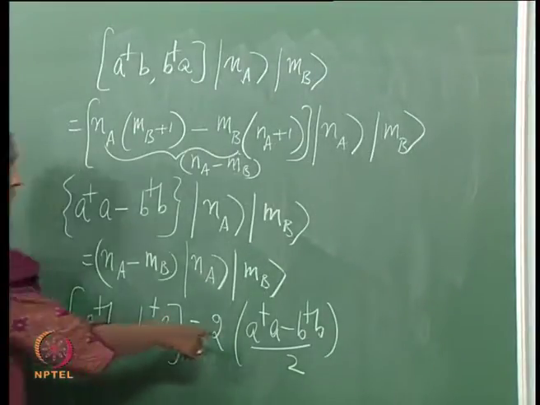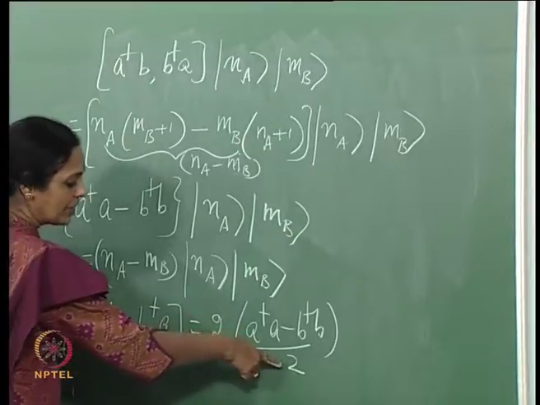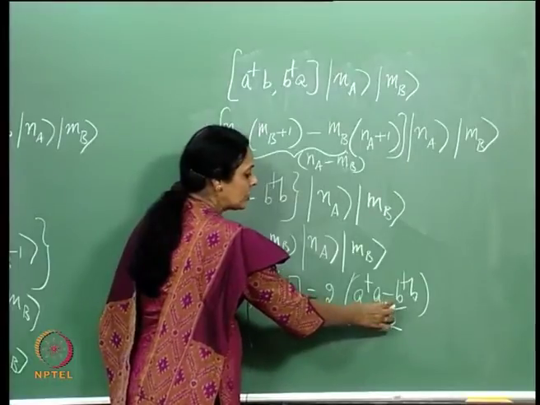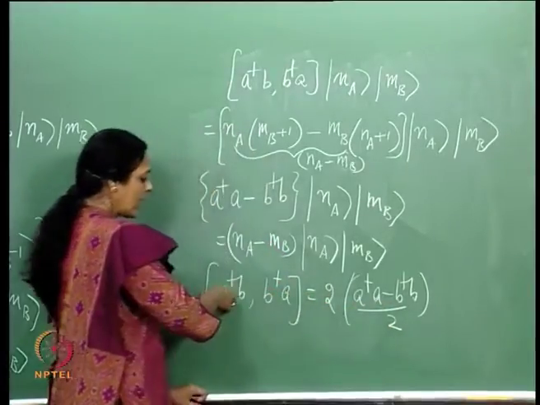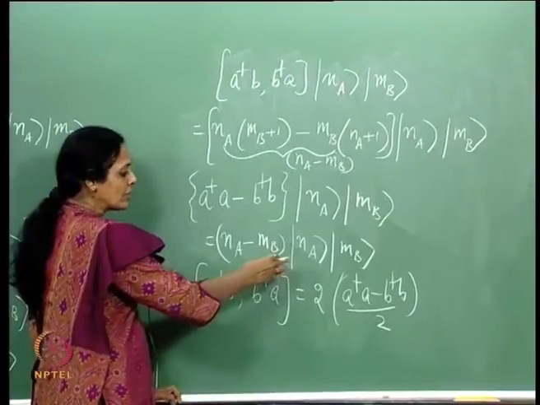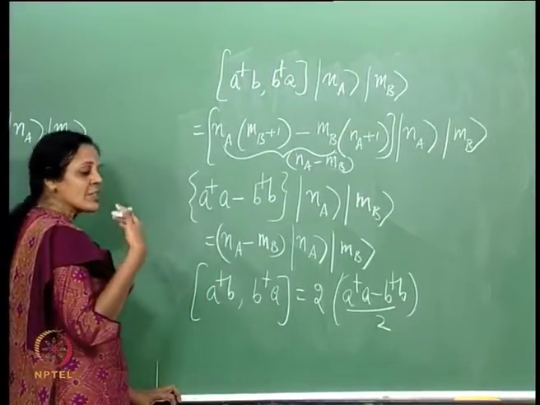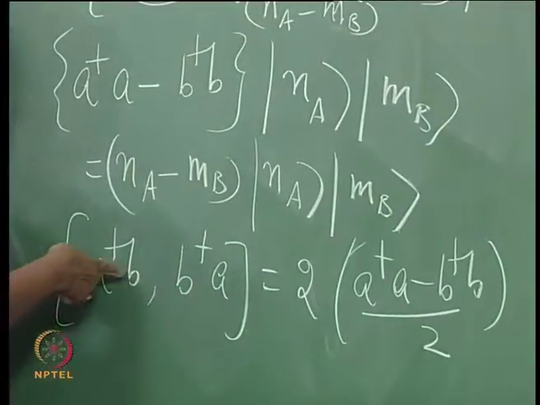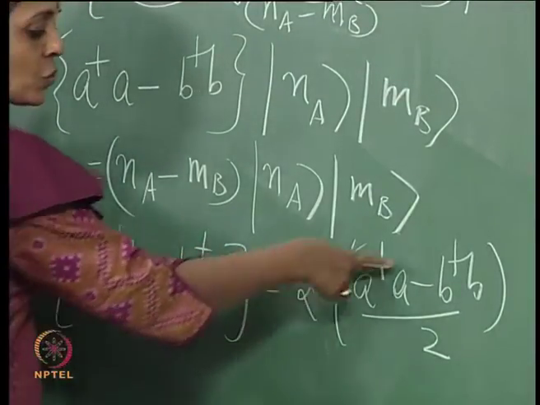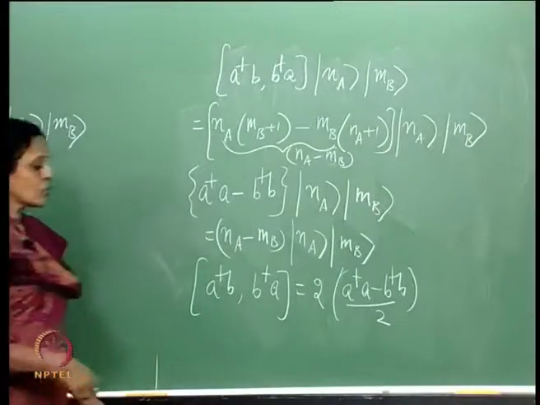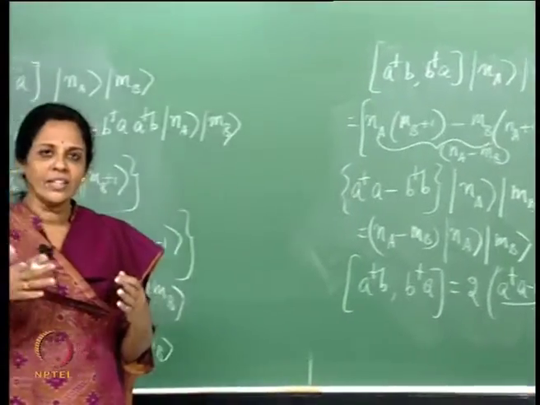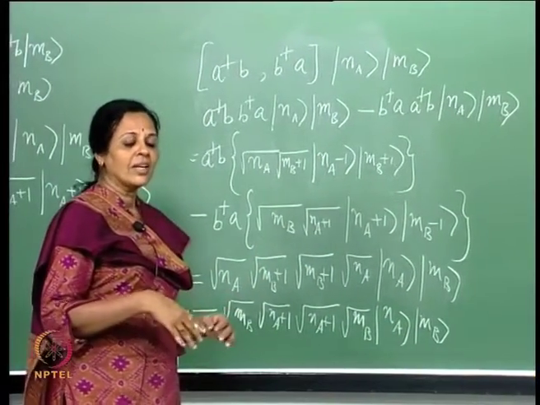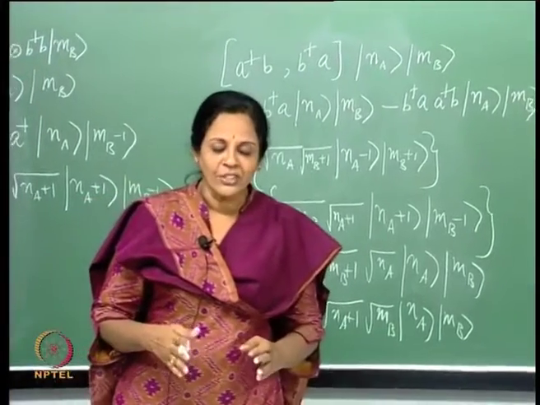I have very deliberately put a 2 out here and divided by 2 so that I may define this as a Hermitian operator, where I have a commutation relation which is similar to what I knew from the SU2 algebra. I had S plus with S minus is 2 Sz. So, now I would like to check if indeed I can mimic the angular momentum situation using these two oscillators, and in fact that is the purpose of my talk today.